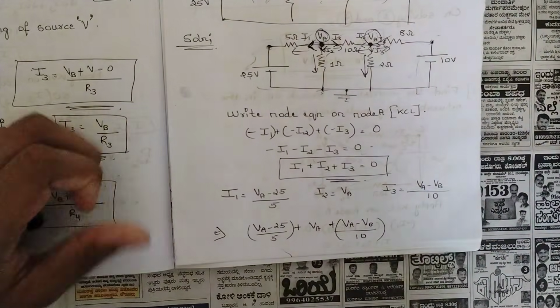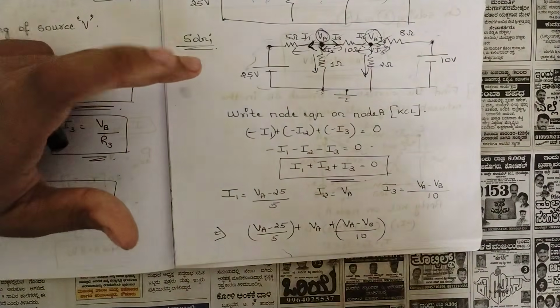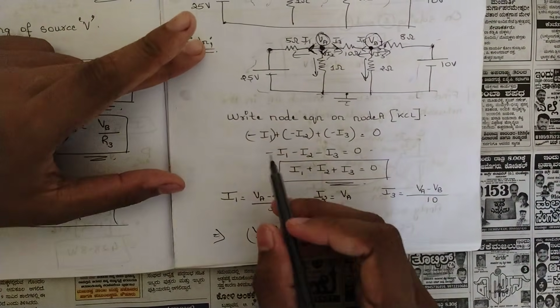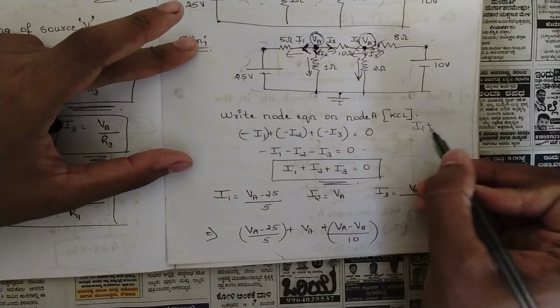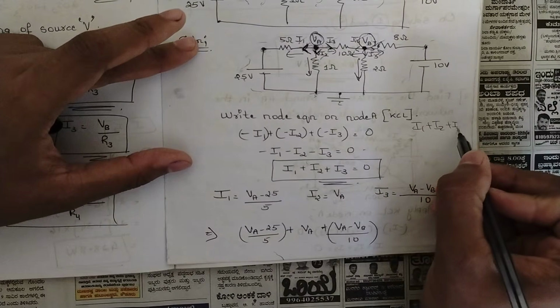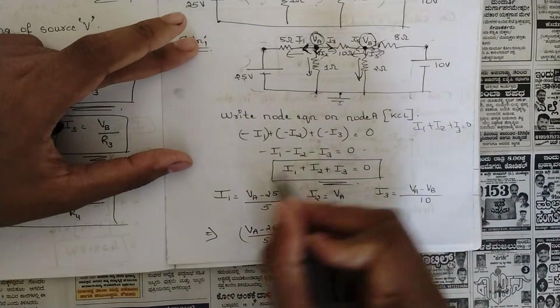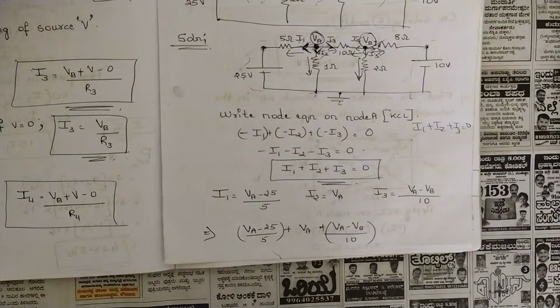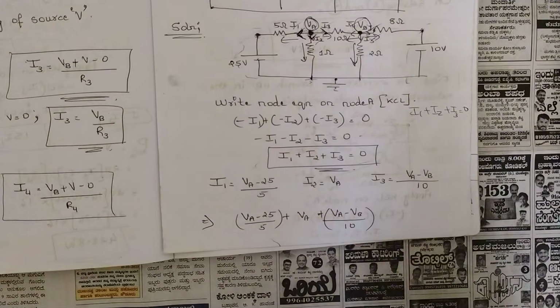Then we should write the node equation on node A using Kirchhoff's current law. We know that Kirchhoff's current law gives I1 plus I2 plus I3 equal to 0. This is the equation for KCL, and for all the problems we should remember this.